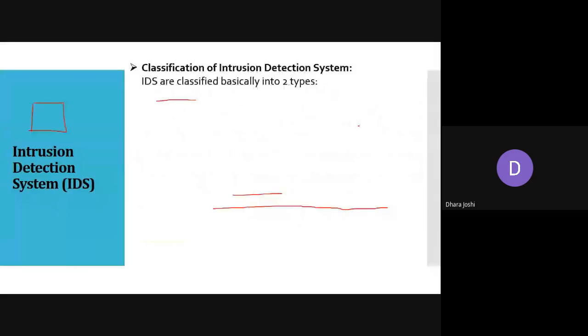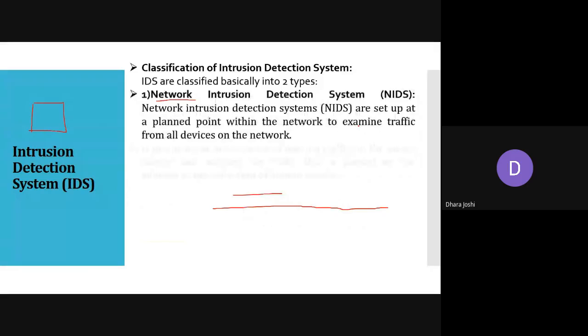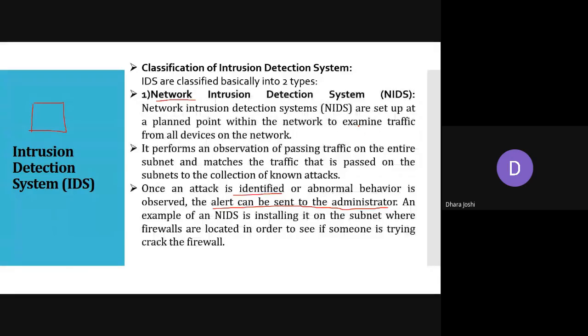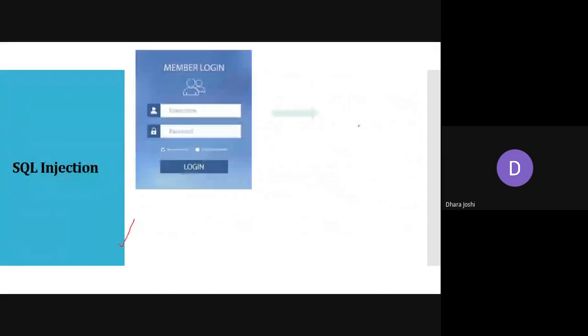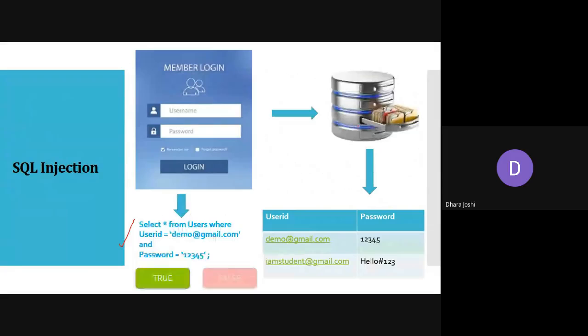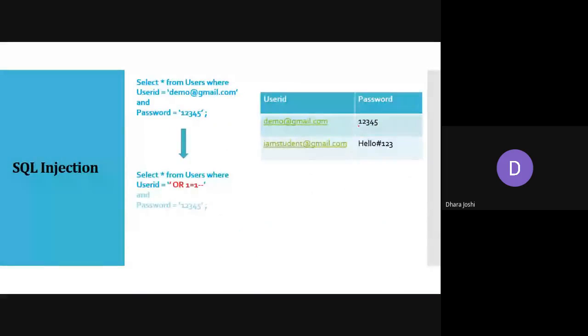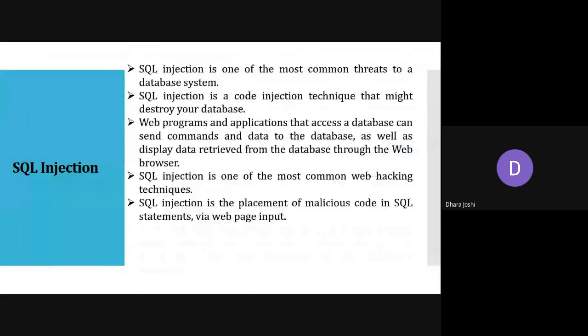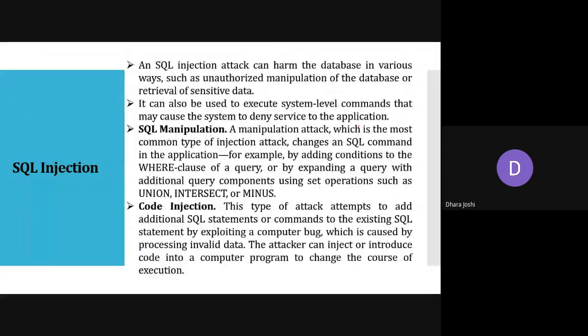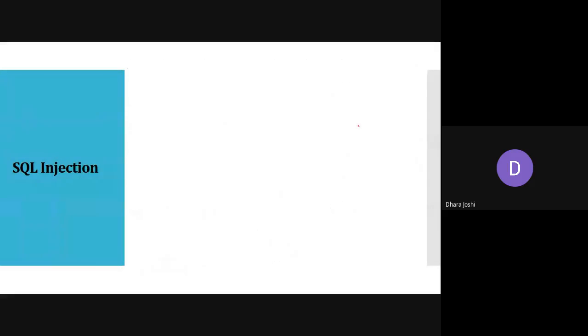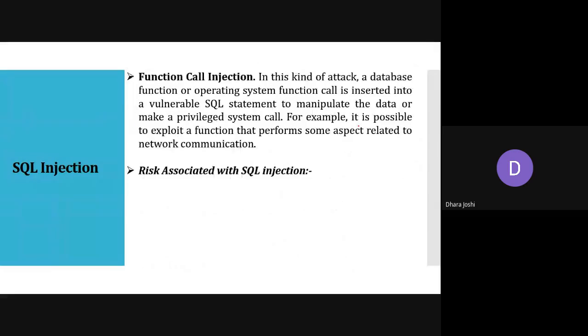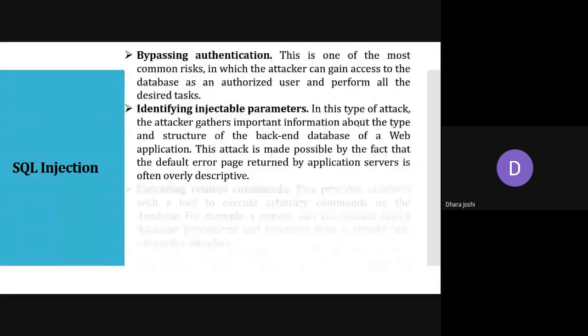There are two types: network intrusion detection system and host intrusion detection system. Then we started with SQL injection, and what the different types are, like SQL manipulation. These are the different technical terms: code injection and function call injection, and the risks associated with SQL injection.